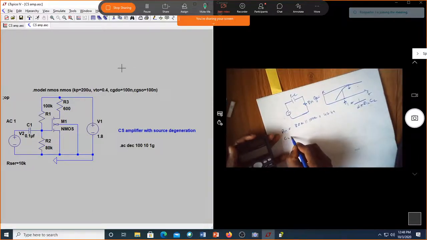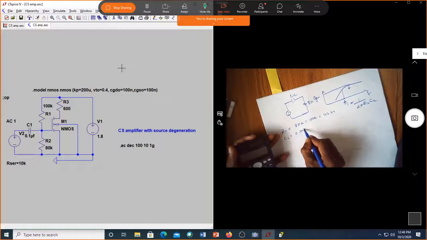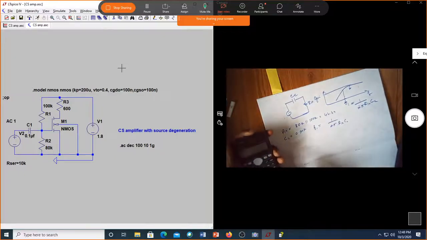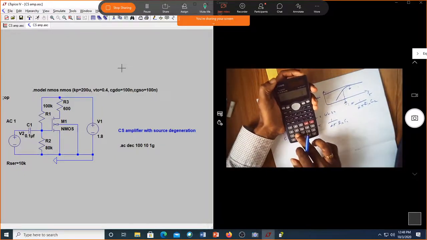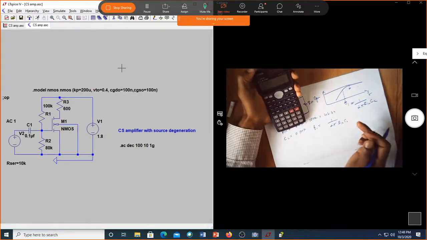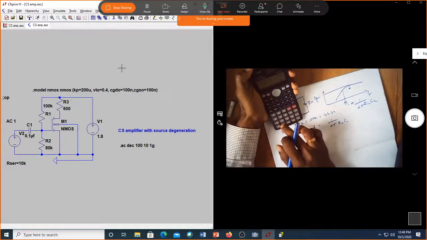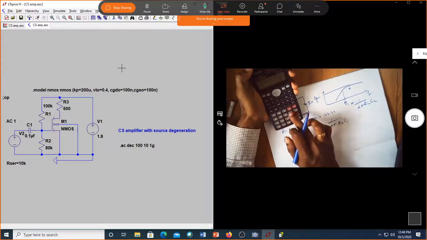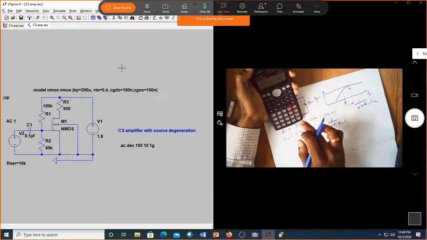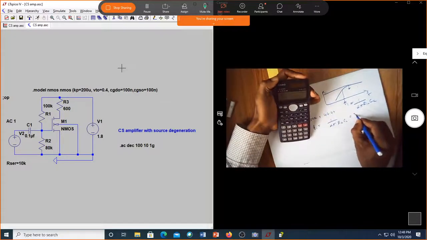How much is CC? 0.1 microfarad. Give me F1. F1 is 1 over 2 pi Rin into CC, that is 2 into pi into 44.44 exponential 6 into 0.1 exponential minus 6, which is 35.81 hertz.